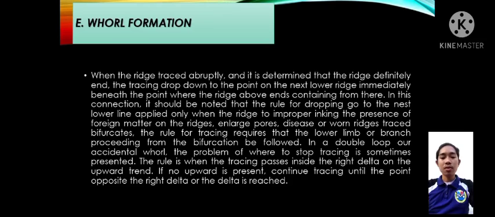In this connection, it should be noted that the rule for dropping to the next lower line applies only when the ridge definitely ends. Improper inking, the presence of foreign matter on the ridge, enlarged pores, disease, or worn ridges should not be considered as a definite ridge ending.